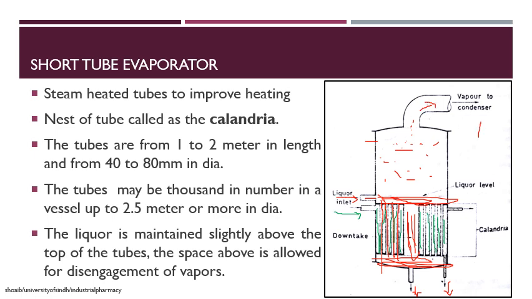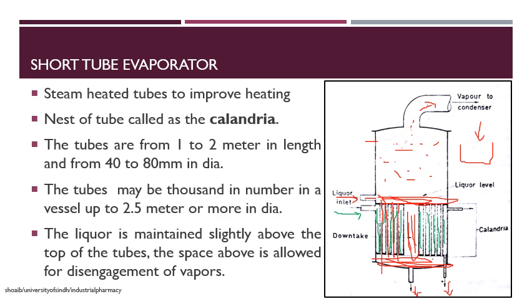They will be condensed and collected into a separate vessel. So this will be quite an effective process for substances in which the solvent is an expensive material. Okay, now for example, ethanol. So this will be a very effective process.